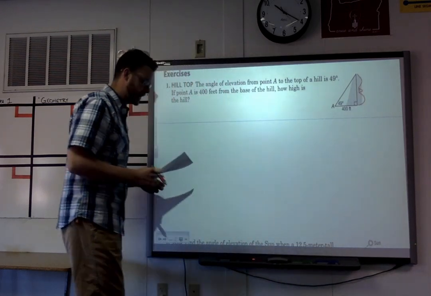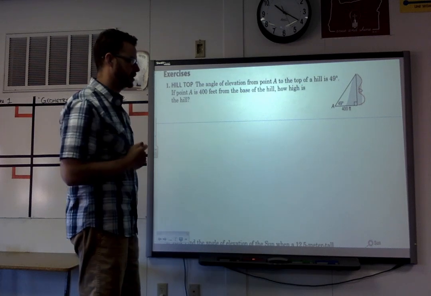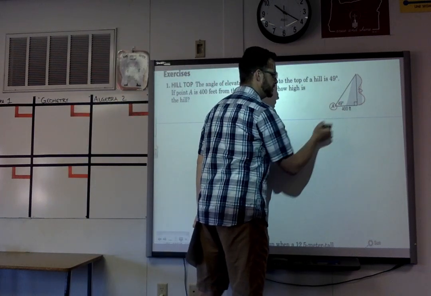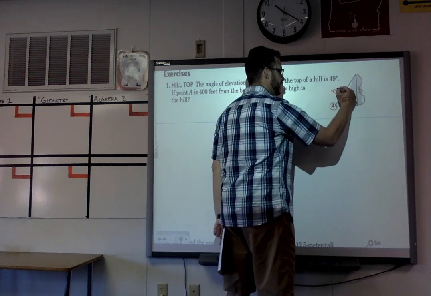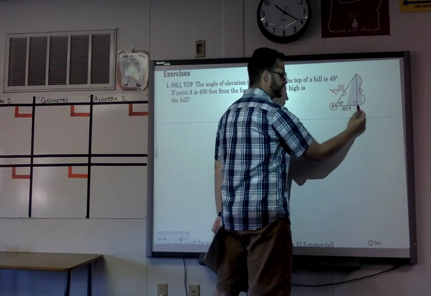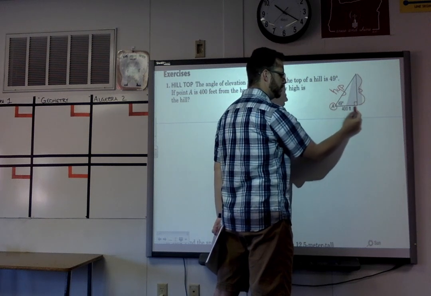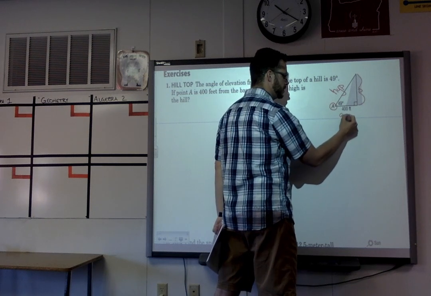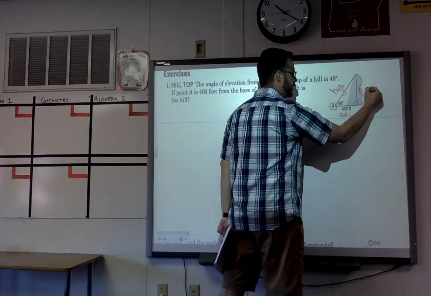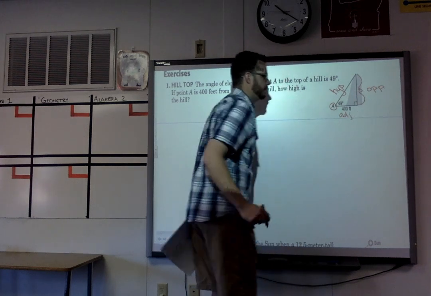So in order to do that, we're going to use one of our trigonometric ratios. Now, since we're working with angle A, again, the longest side is always our hypotenuse. The side that angle A is included with is our adjacent, and the one across from angle A is our opposite.